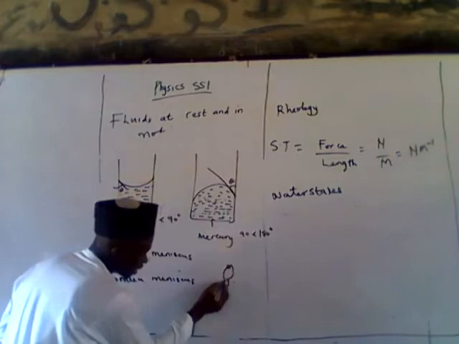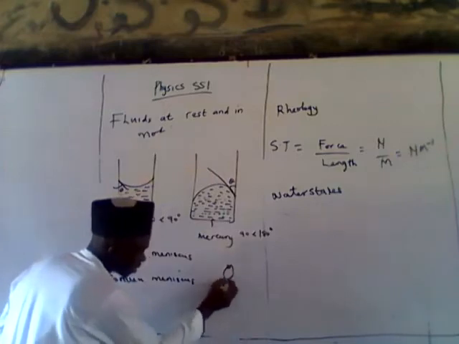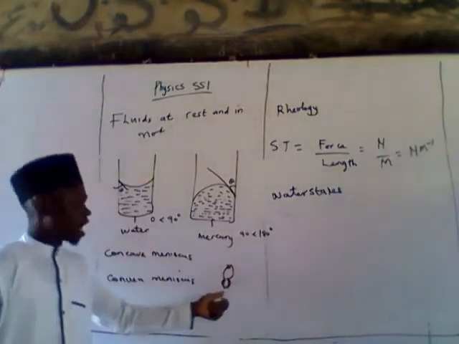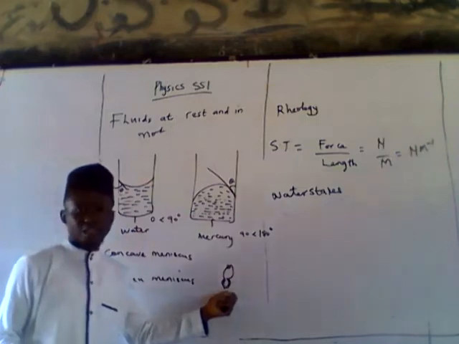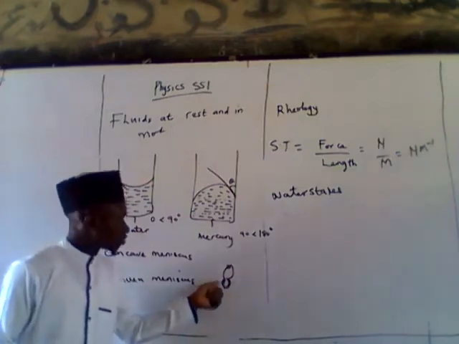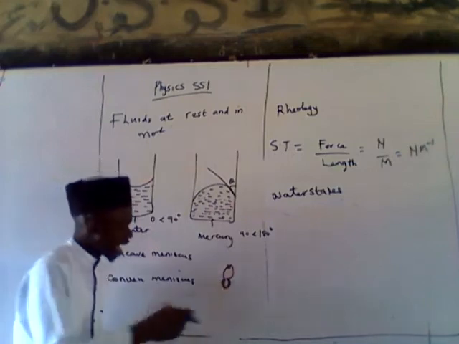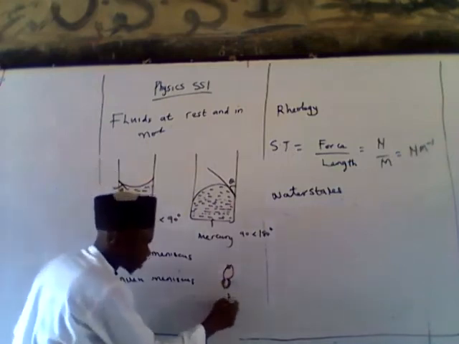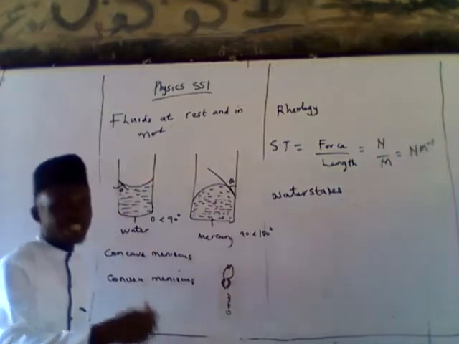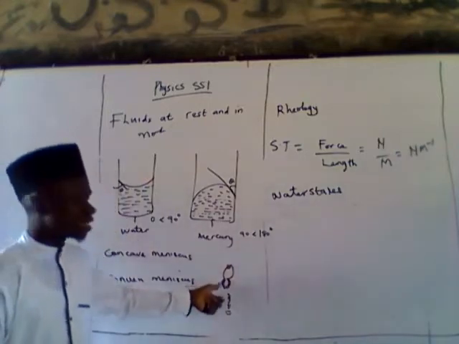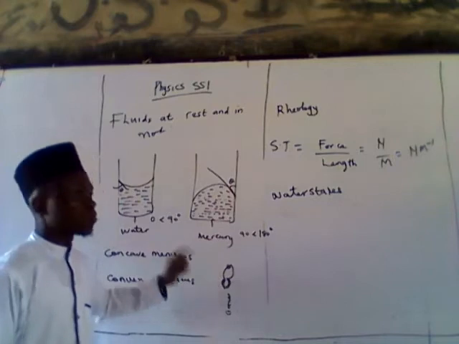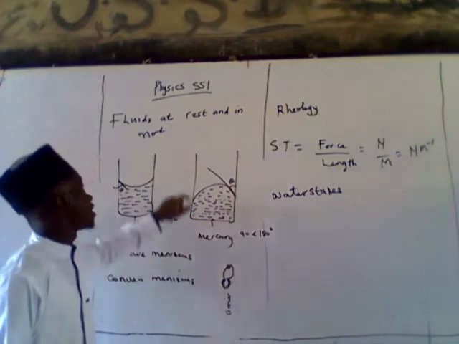This layer will be acting as if it is an elastic skin, which means nothing will be able to pass through it just like that. You will see as water is gushing out, it gushes in this shape. So making it behave as an elastic skin is termed surface tension.